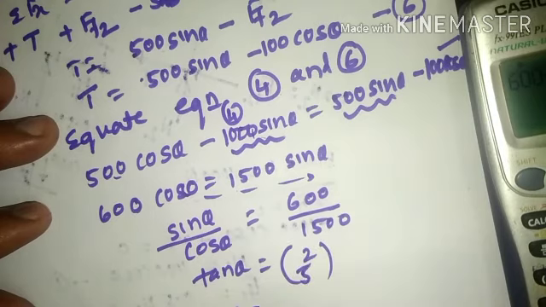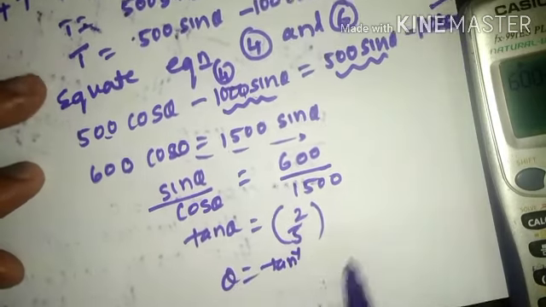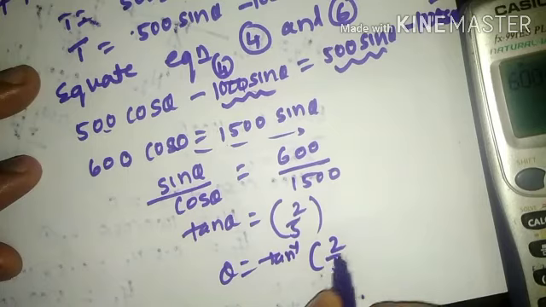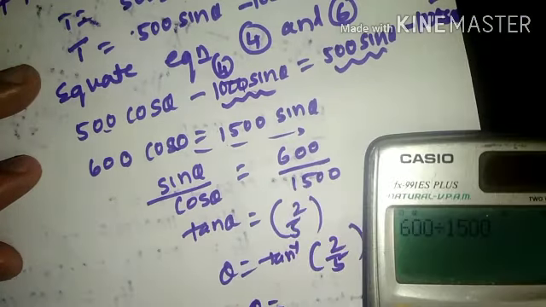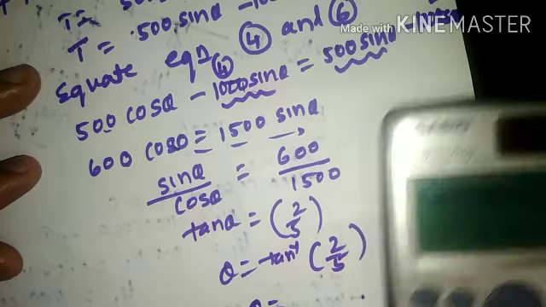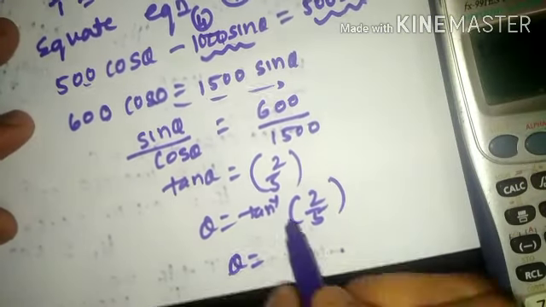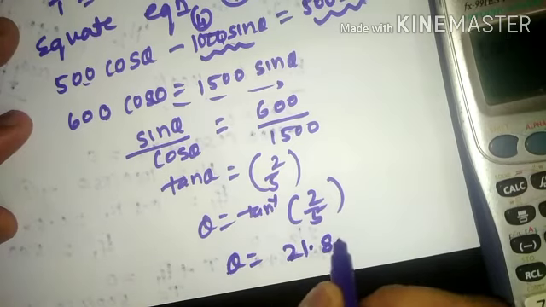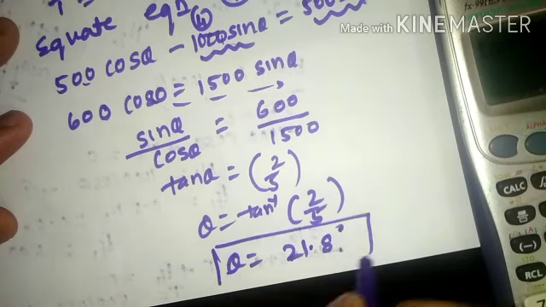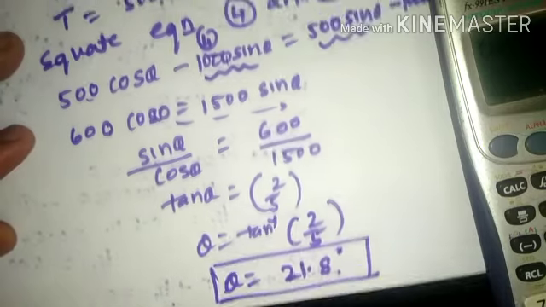So theta will be tan inverse of 2 divided by 5, which is 21.8 degrees. So this is how we find the inclination of the block.